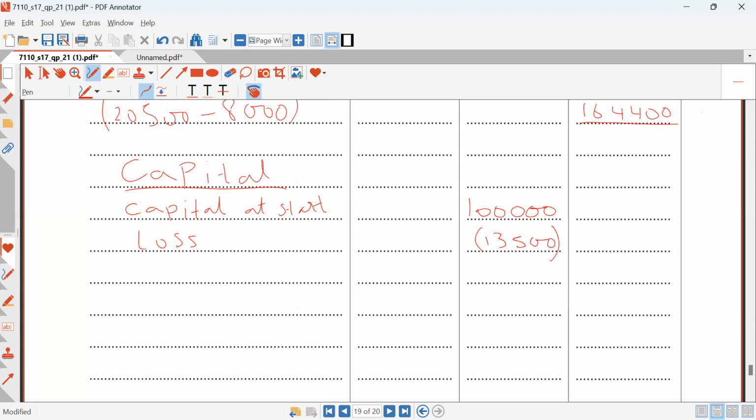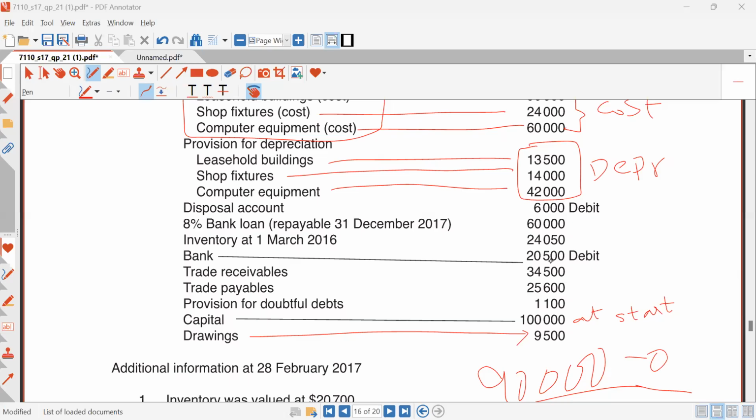If it was profit, we would add. Because the business is having a loss, this should be subtracted. And capital at end, you will show now. We have to calculate capital at end. The formula for capital at end is capital at start, add net profit. If there is a loss, we are going to subtract it. Minus drawings equals capital at end. But this is for a sole trader.